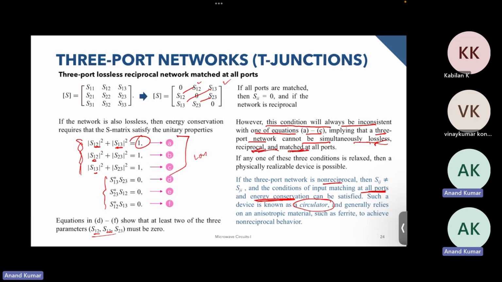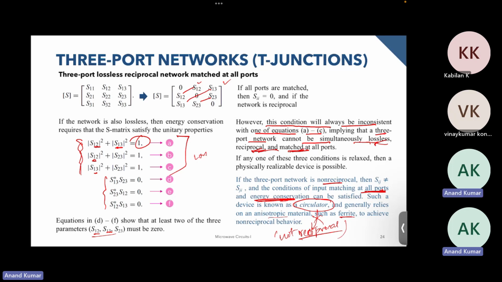A circulator means that all the ports are matched and we have energy conservation, but it is not reciprocal. So a circulator is not reciprocal, and we usually depend on anisotropic materials like ferrite to get this non-reciprocal behavior in circulators.